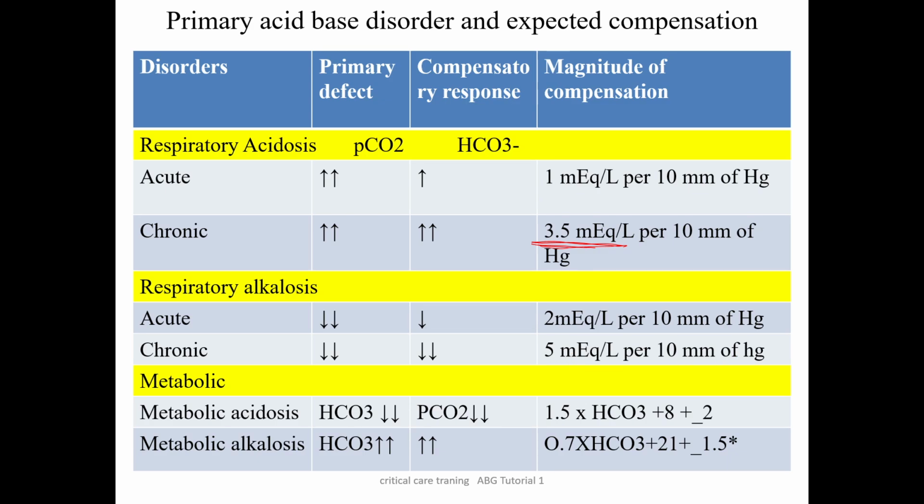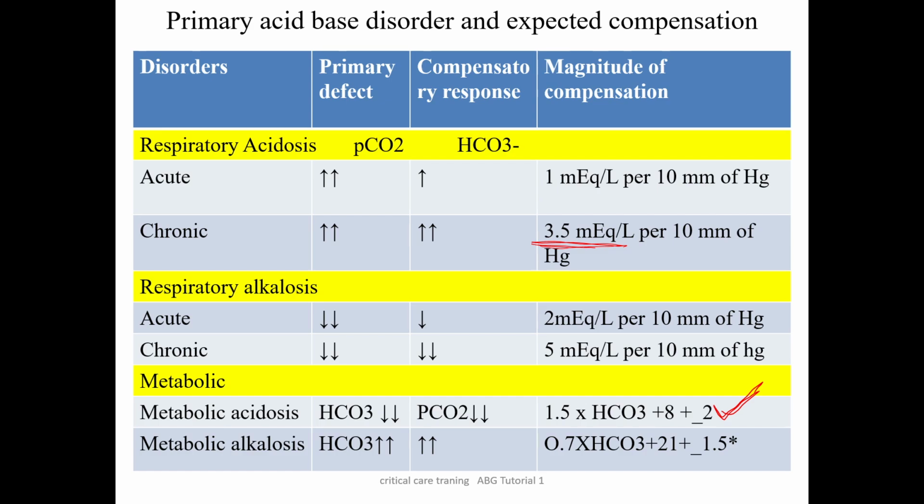In metabolic acidosis, we have to remember the Winter formula to find the expected PCO2, that is 1.5 times bicarbonate plus 8. That is your expected PCO2. Suppose the bicarb is 10, the patient has metabolic acidosis, and you get an expected PCO2 of, say, 23, but your ABG shows a PCO2 of, say, 40, so there is an additional respiratory acidosis.